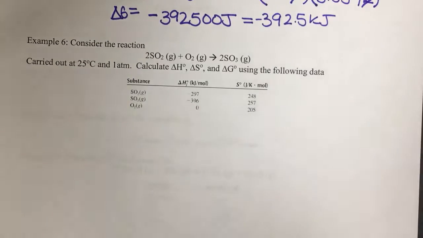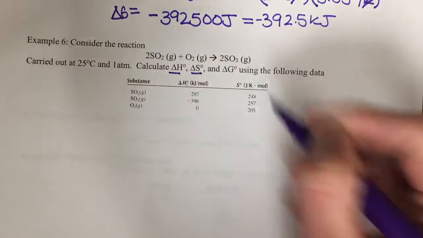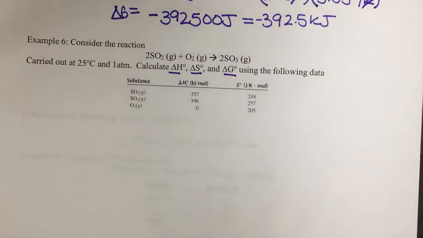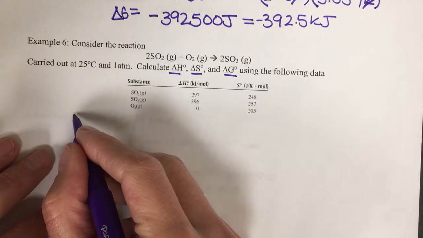So here I've got a reaction, and it says I want to calculate delta H, delta S, and delta G using my information. Now remember, when we look at the tables, I had this fun little formula.